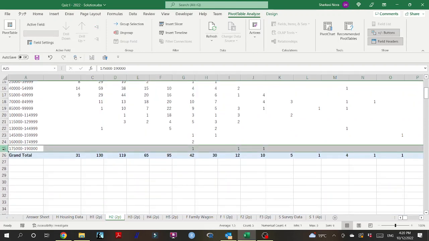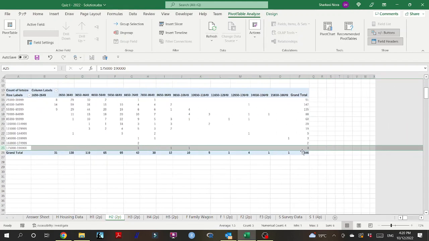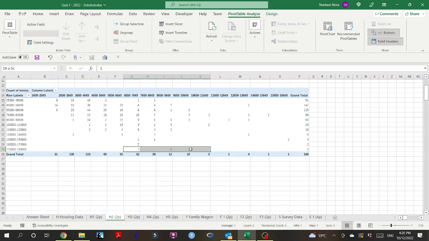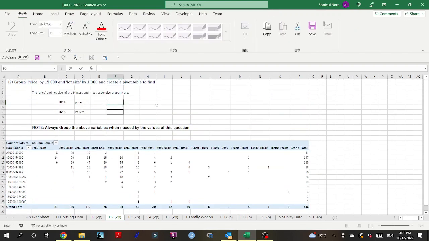And now I'm going to check. This is the most expensive. The most expensive, we have 3 different candidates. And the biggest size, as you can see, these are the sizes here. So this is the price range.